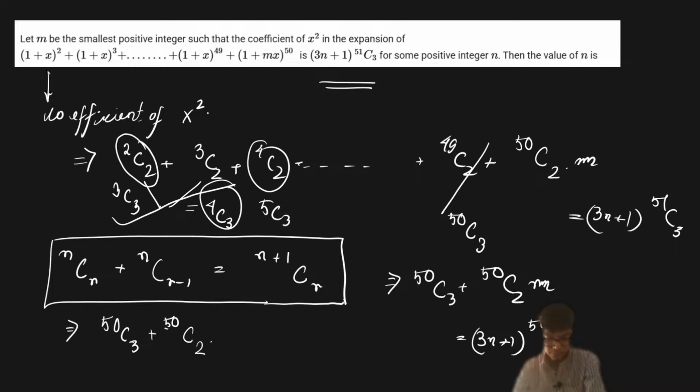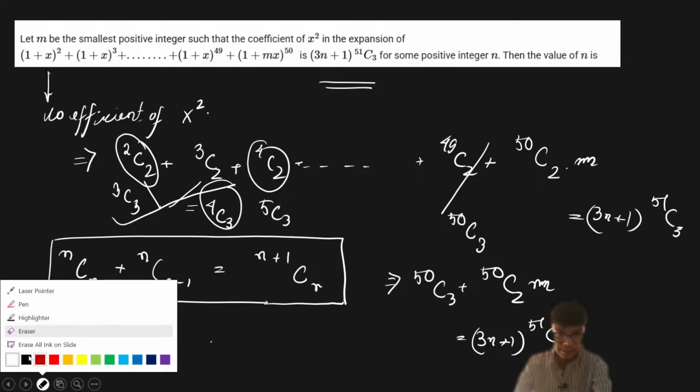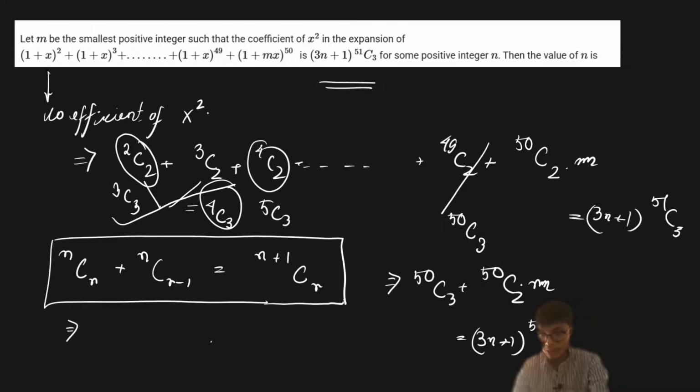If you just try to do the simplification by yourself, you will get this. It is all kind of mathematical jugglery that I'm doing over here. What I'm doing is trying to combine this particular part from 50C2 to 50C3 so that I can take common, or maybe I can convert this part to 50C2.